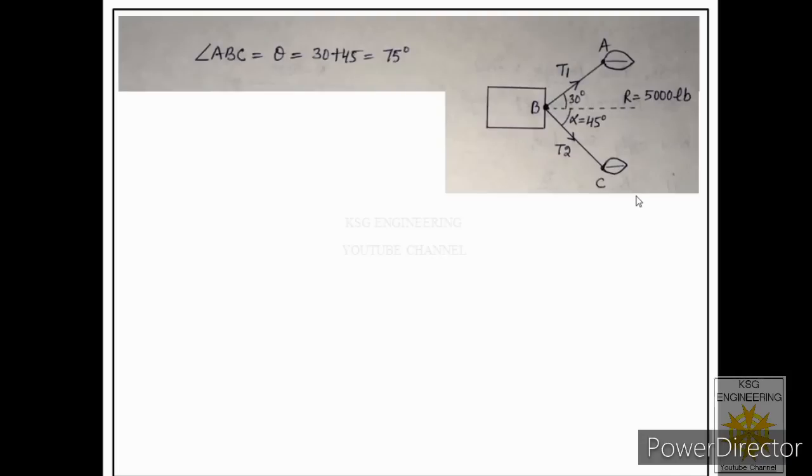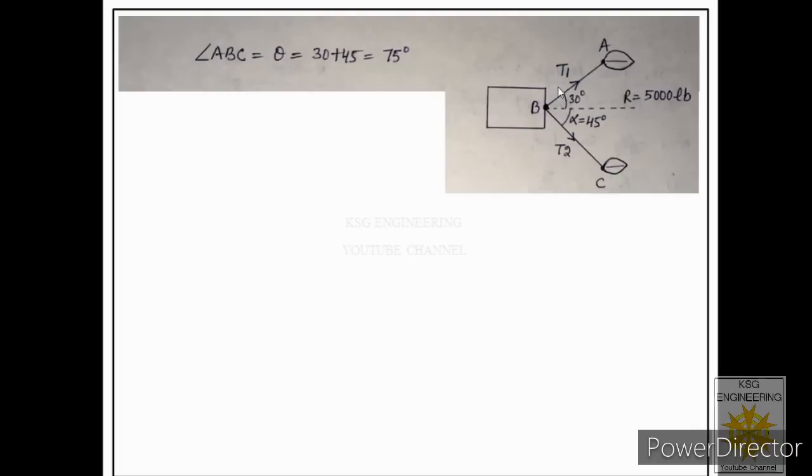Okay, so let us start with the parallelogram law of forces. The very first step in the parallelogram law of forces is that we should identify angle theta. In the previous class, we learned that angle theta is the angle between the two concurrent forces.